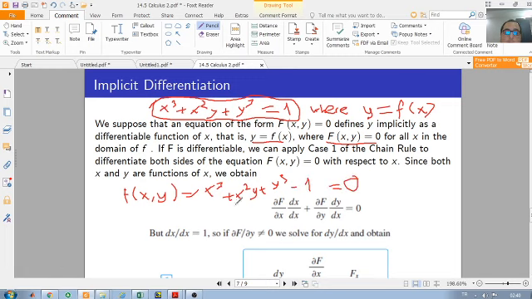You see, we have a relation between the independent variable x and the dependent variable y, and it is given implicitly. We don't have any explicit definition for the dependent variable y, like x cubed plus 1, but we have a relation between them, so the function is said to be given implicitly.